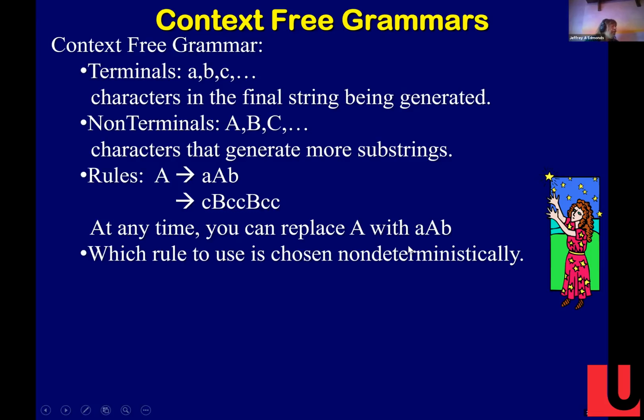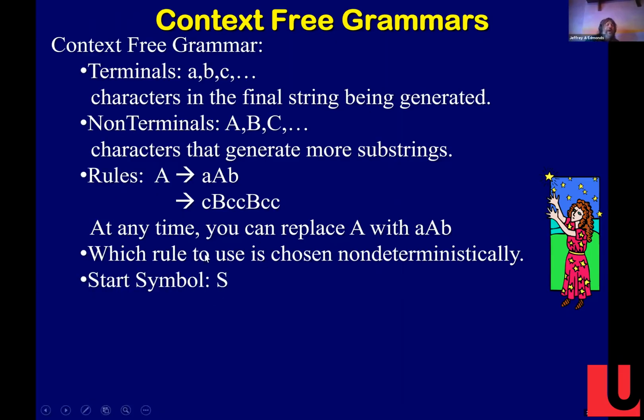So now, non-determinism, you all know about non-determinism here, right? Which rule do you use? Well, either you're looking at the string you're trying to generate and you magically figure out which rule to use, or you suppose you have a fairy godmother who tells you which rule to use, right?